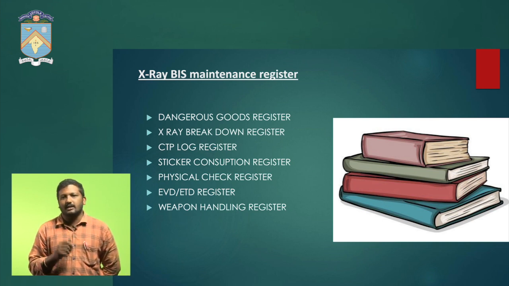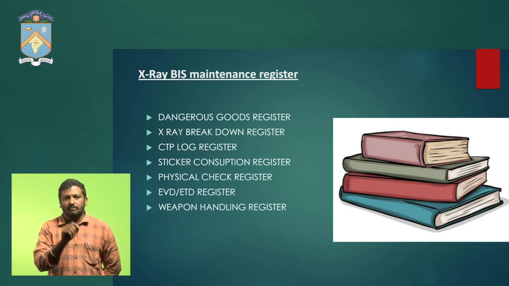And next, sticker consumption. Once the passenger has placed a baggage and the baggage screening is done, after the baggage is cleared we need to affix a sticker on that particular baggage. Then only it is a cleared baggage and that baggage can go for check-in. And next one, physical check register.